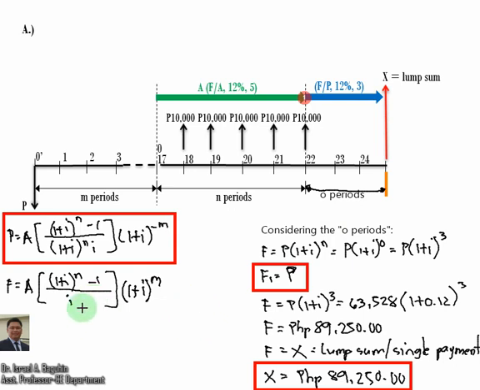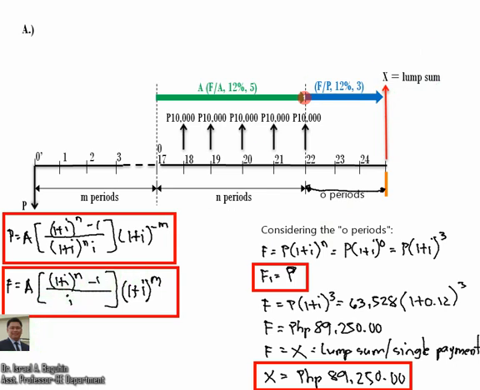if we are going to use this formula here, since we are after the lump sum, which is our future worth, we can actually solve the same problem.